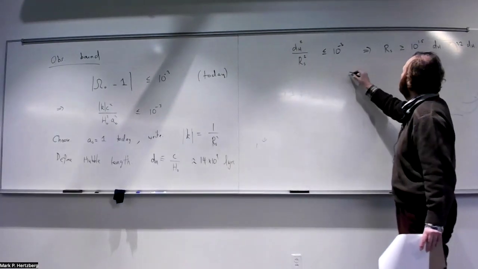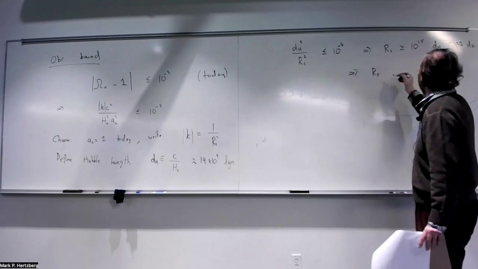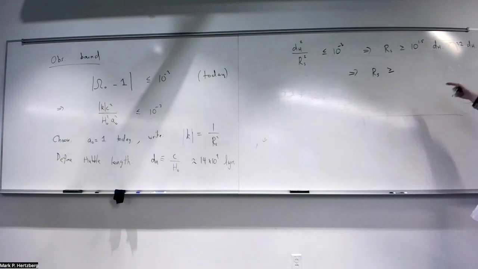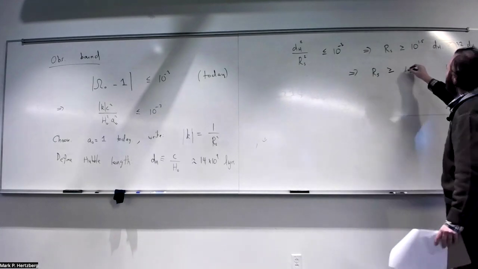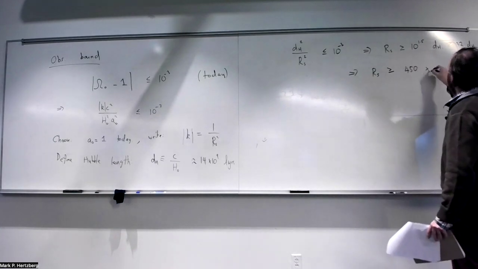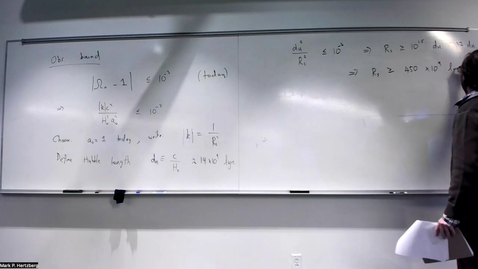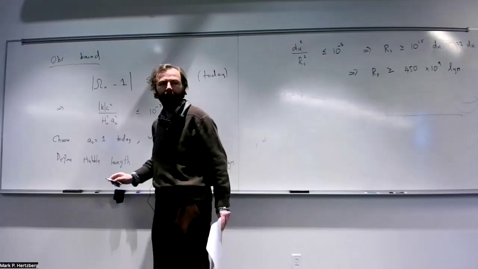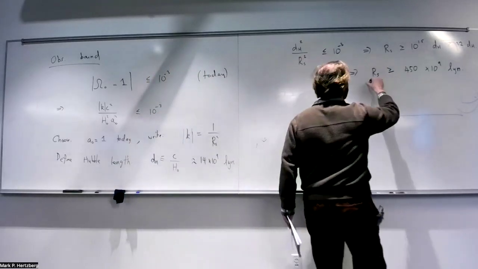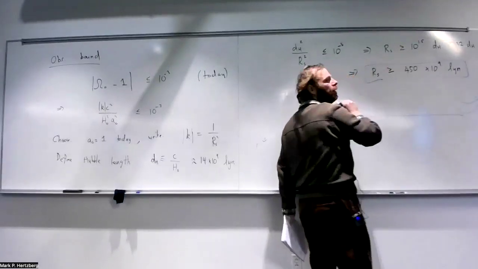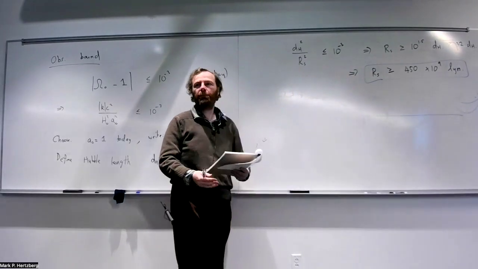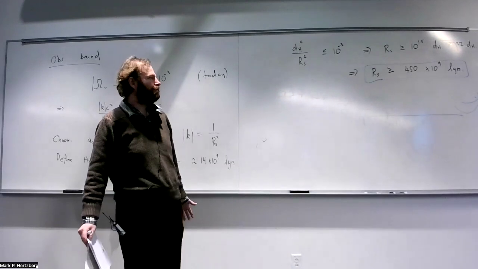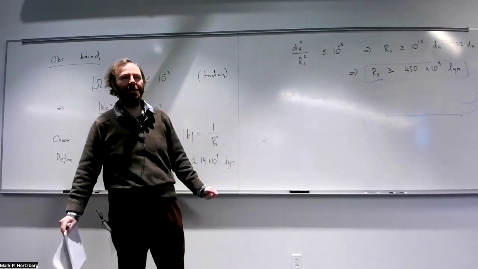So we learn that the radius of the sphere today must be greater than, well, you do 14 times 32, that's something like 450 billion light years. Right? So if our universe is a sphere, it's at least that big.